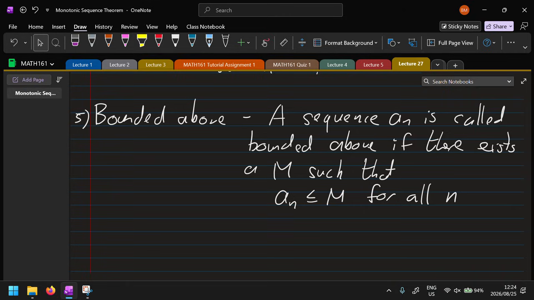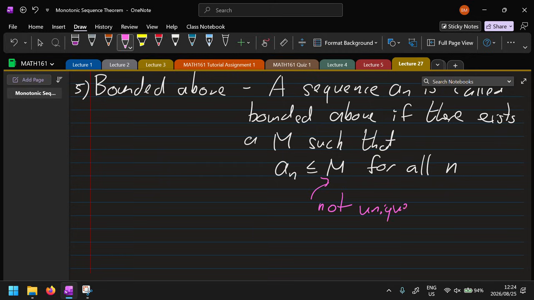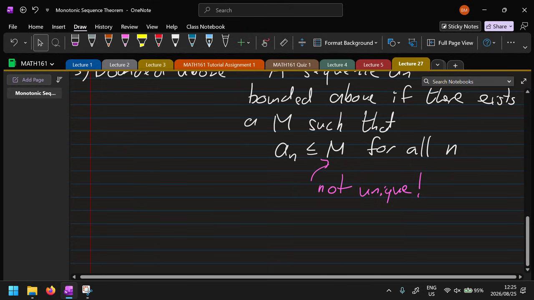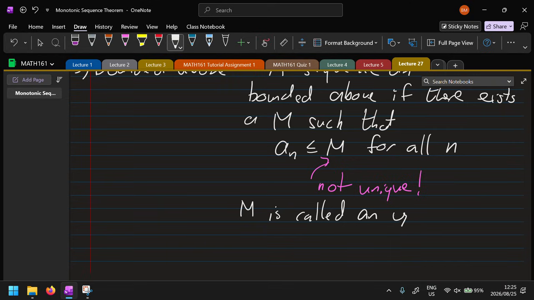You can pick anything larger than capital M, and it will still be an upper bound, so any such capital M will do. This capital M is called an upper bound.